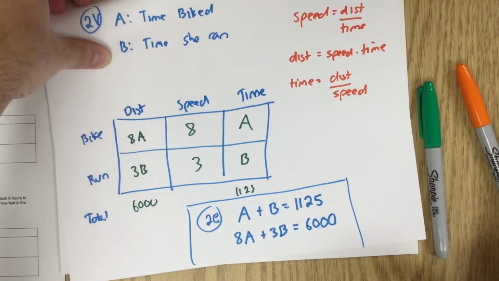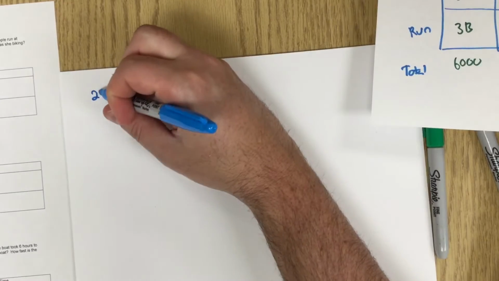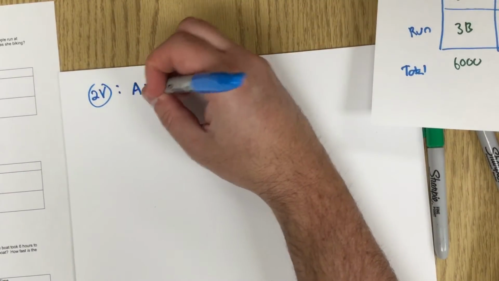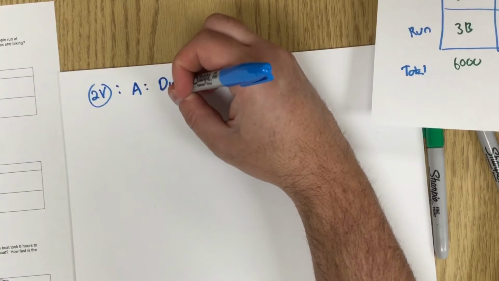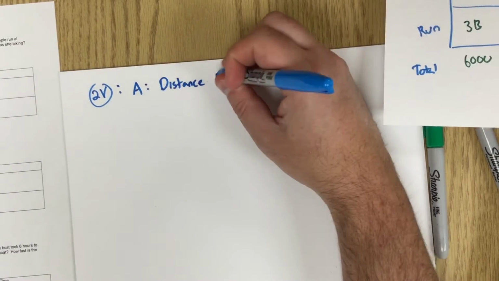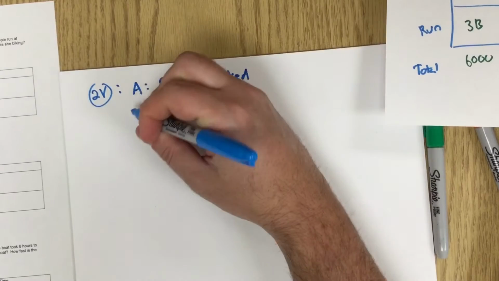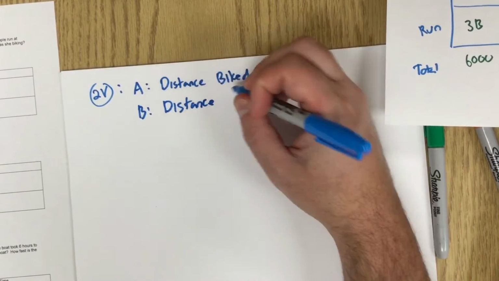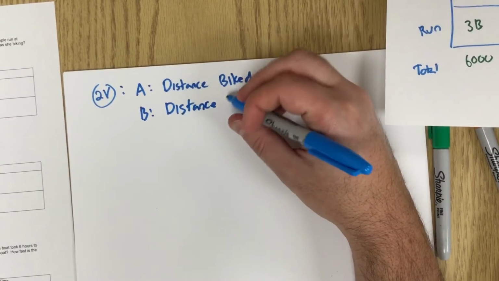Now what we could have also done instead is define the variables differently. Instead of time biked, A could be distance biked, and B could be distance she ran.